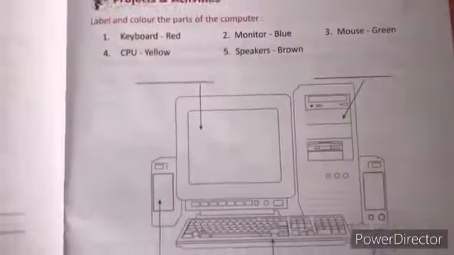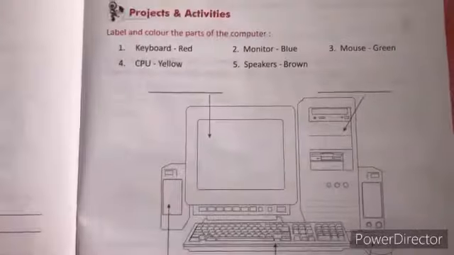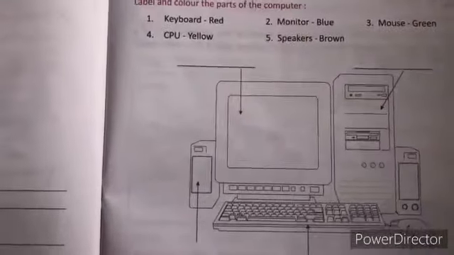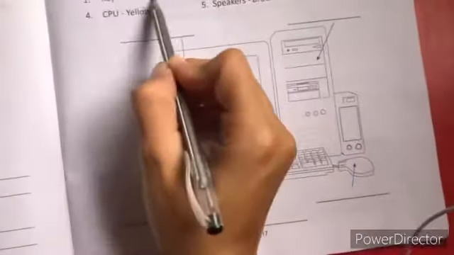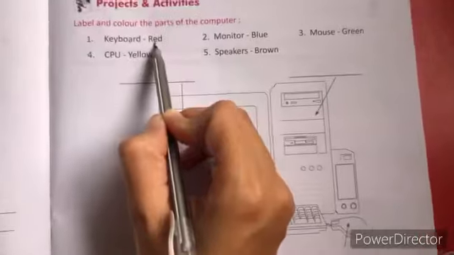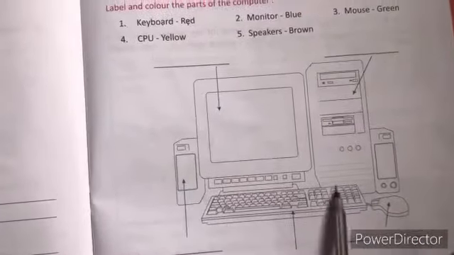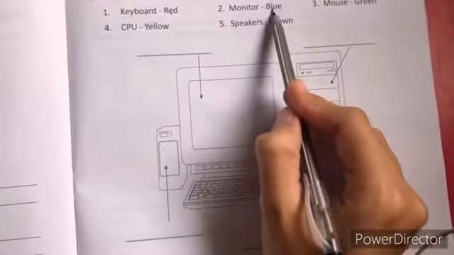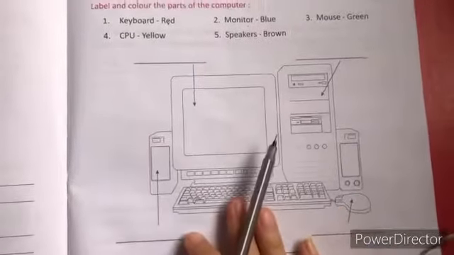Now on page number 70 you have one activity, right? Label and color the parts of the computer. First, number 1, keyboard: you fill it with red color. Monitor: you fill it with blue color.